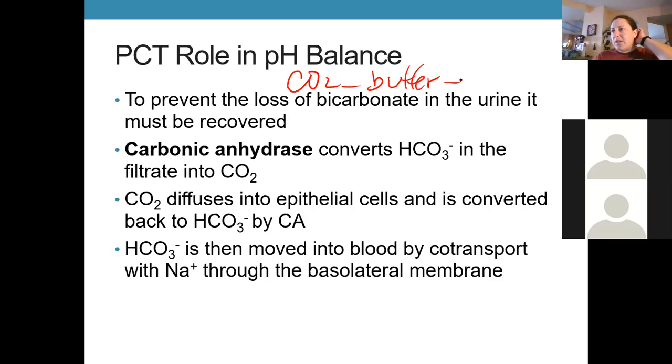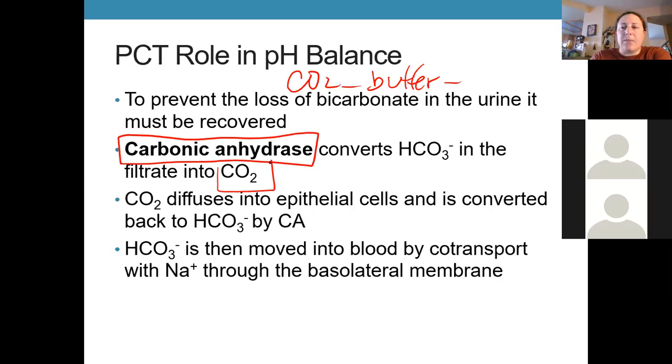And so we actually reverse the process that converts carbon dioxide to bicarbonate in red blood cells to preserve it and reabsorb it. So carbonic anhydrase is always going to be the enzyme that converts bicarbonate into carbon dioxide and vice versa, okay? It takes the equation both ways. Once we convert any bicarbonate in the filtrate into carbon dioxide, it's able to freely diffuse into these epithelial cells.